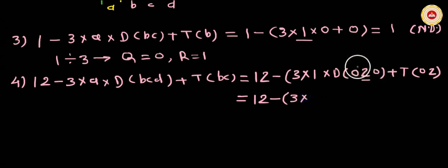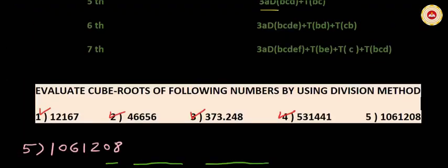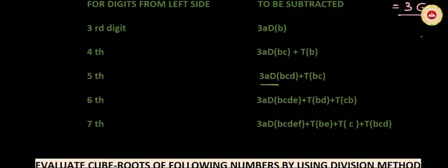Now let us calculate duplex of 0 2 0. How to calculate duplex of 3 digits? 2 multiplied by first digit multiplied by last digit. That means 2 times the product of the 2 end digits, plus the middle digit squared. So 2 multiplied by 0 is 0, plus 2 squared, that is 4. Plus triplex of 0 2 will obviously be 0, because how to calculate triplex of 2 digits?